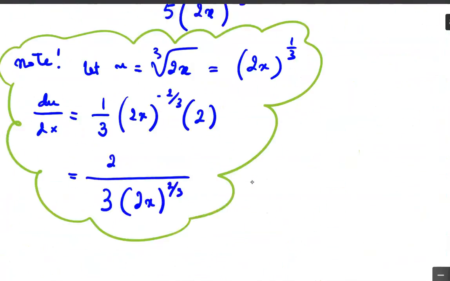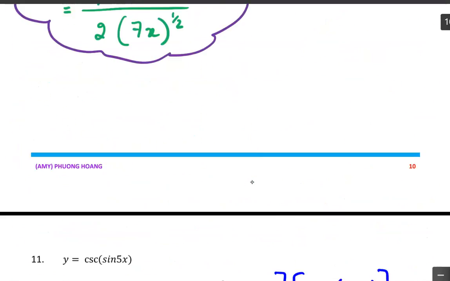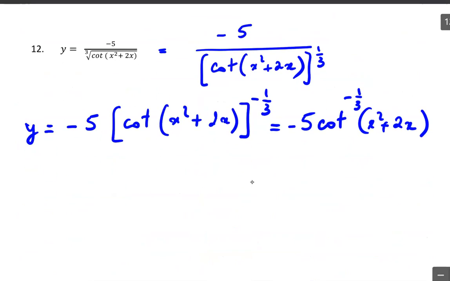So in this case, the correct exponent is negative 1/3, and it applies to our trigonometric function of cotangent. Now you see that you have to apply the power rule for this cotangent to exponent negative 1/3. That's your step number 1.